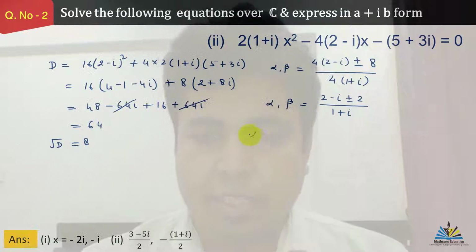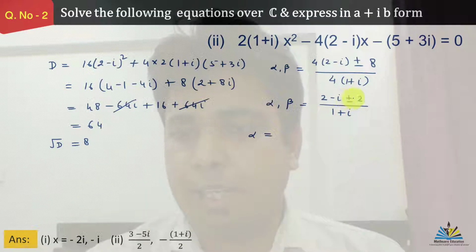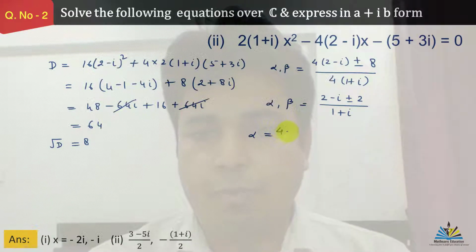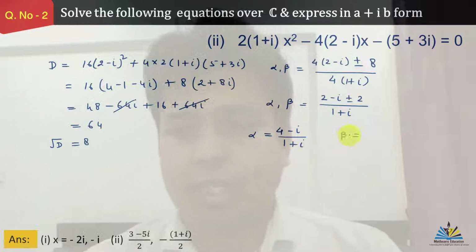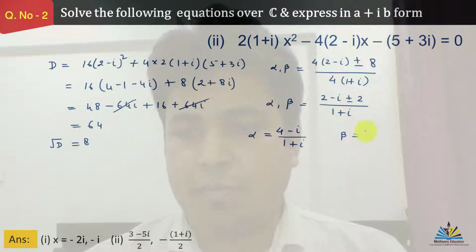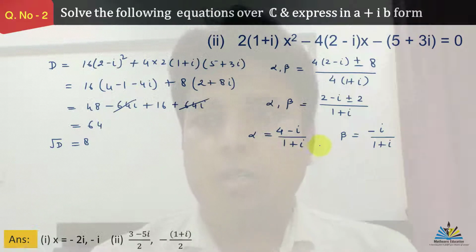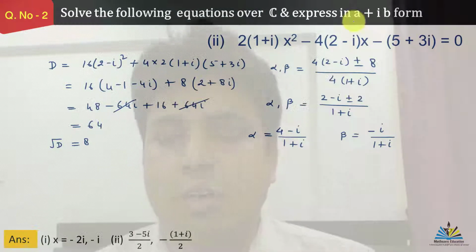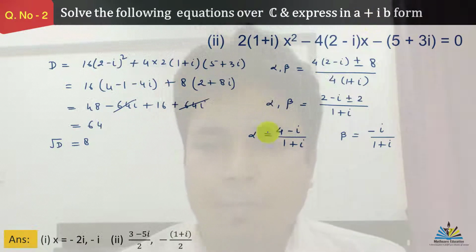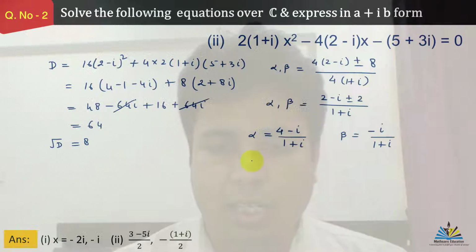So the first root, let's say alpha, taking plus sign here, becomes 4 minus i upon 1 plus i. And let's say beta for negative sign here, then this becomes minus i upon 1 plus i. So to express in the format of a plus ib, let's multiply by 1 minus i in numerator and denominator.